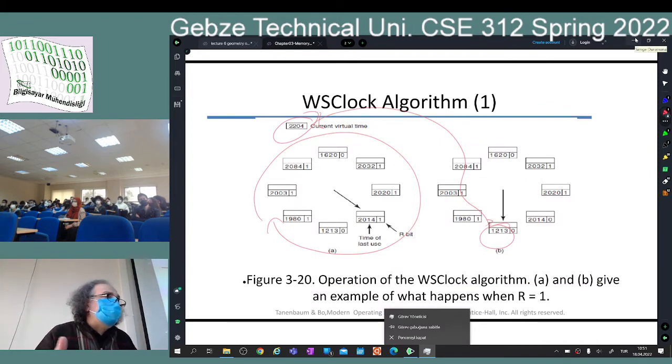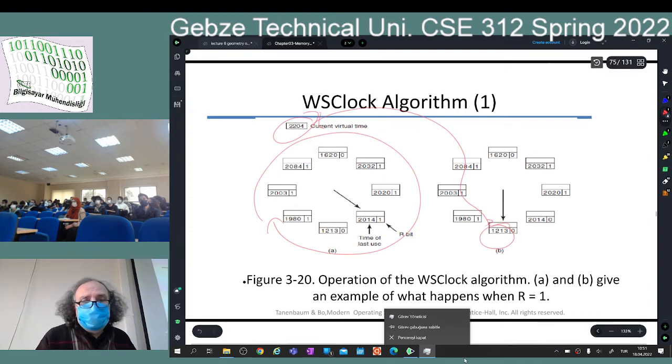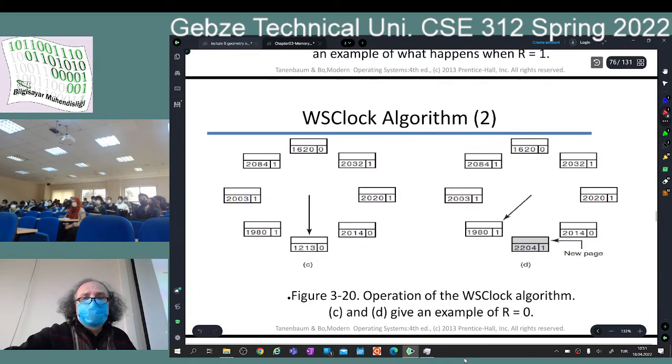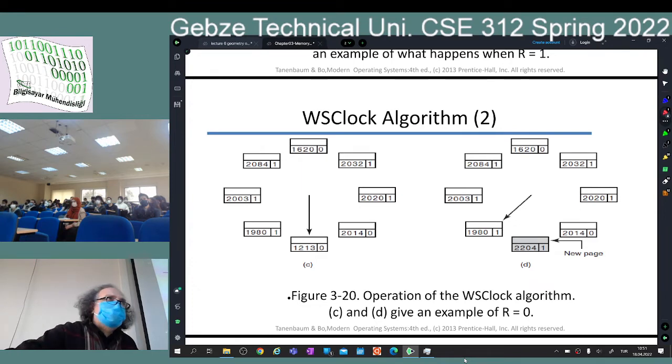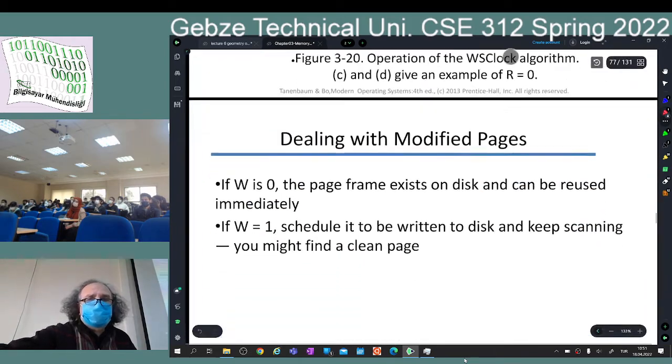Without doing any replacement, it just says that I am going to use this page because this page is empty. That's the beauty of demand paging, and demand paging and the working set clock algorithm are very compatible. That's why we usually use the working set algorithm.